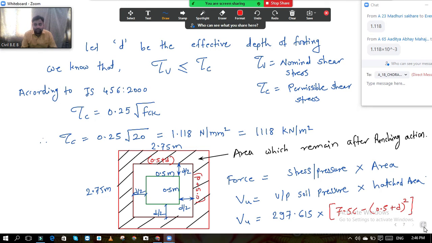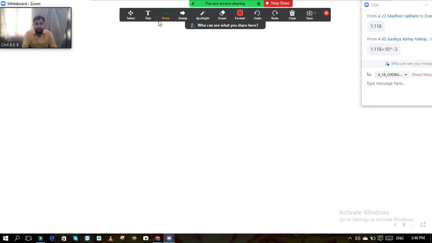Now if we simplify this further, what will we get? VU is equal to 297.615 into, in the bracket, 7.56 minus, now what is remaining in the bracket? (0.5 plus d) square. (0.5 plus d) square means what?